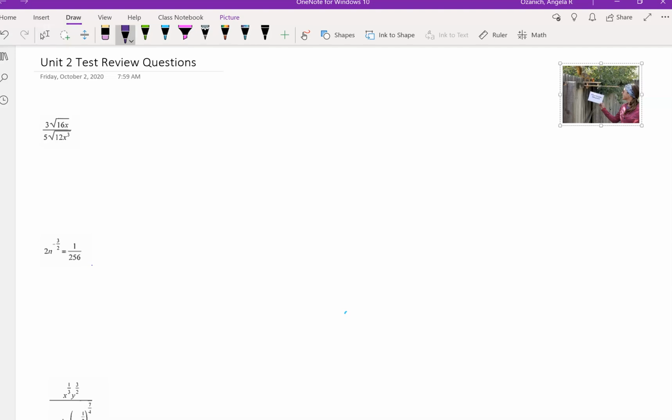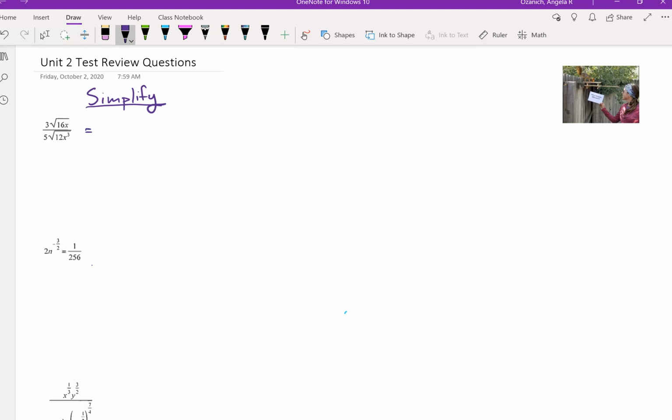This first question, I would simplify first. A lot of times when we're working through problems and preparing to do something more with them, simplifying is a really, really nice first step. So I can see right here that I can take the square root of 16, and then I can also simplify this root 12, and I can also pull out an x from the x squared right here.